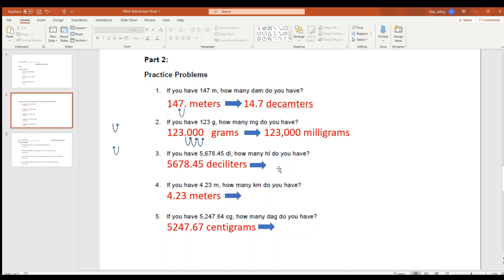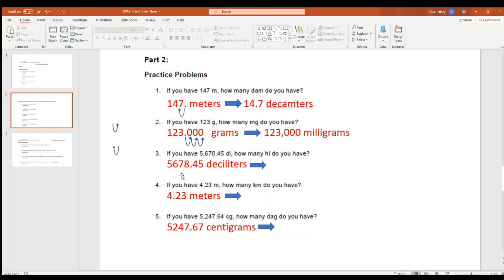How many times are you going up the staircase? You're going up 1, 2, 3 times, okay? So in order to go from deciliters to hectoliters, you have to move up 3 times. When you move up the staircase, what direction is your decimal going? Well, it's the down, right, up, left rule. So since we're going up, we're going to move our decimal to the left. And we're going to move it left 3 times.